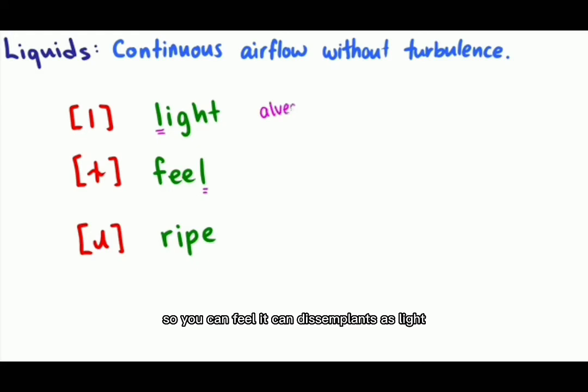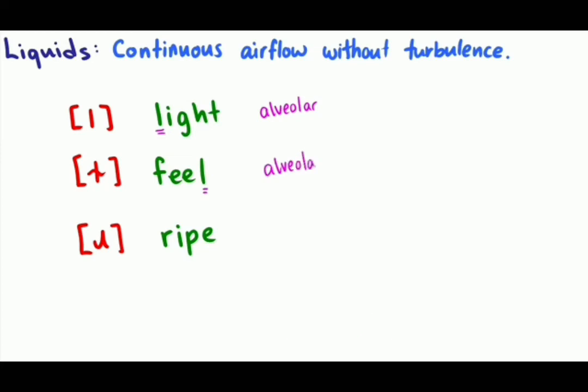Feel is very similar, and in feel you still have that alveolar part to it, but the back of your tongue is moving up a little bit. So this is what is called a velar L.